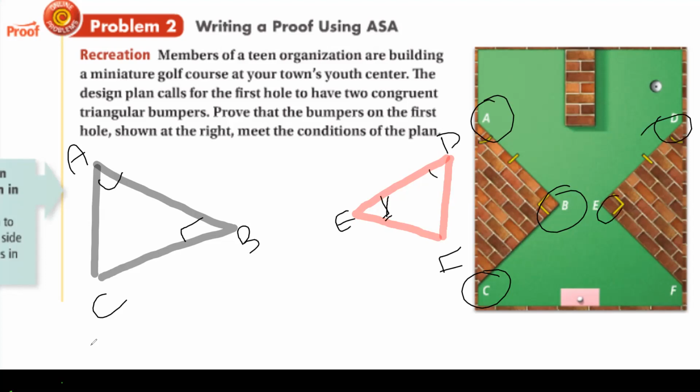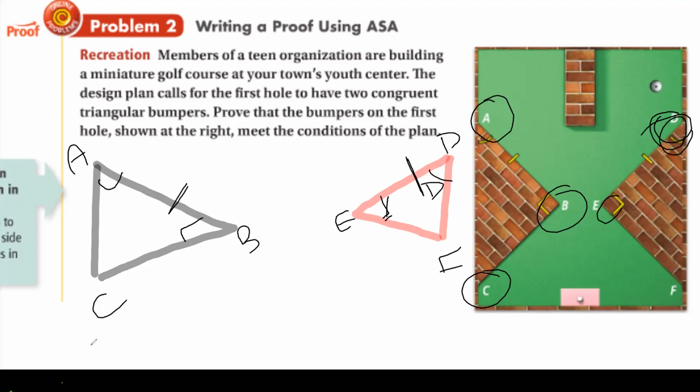And here we have angle D. Here we have E, which is a right angle. Here we have DE, which is congruent with AB. Here we have angle A, and here we have angle B, and C and F.